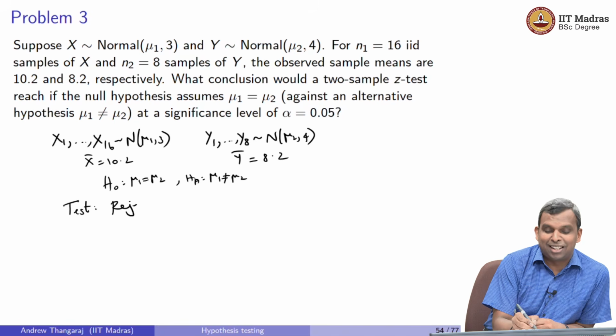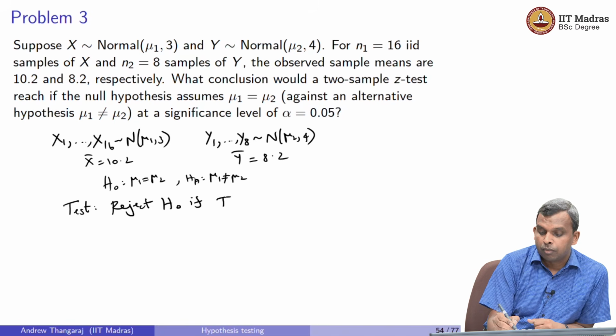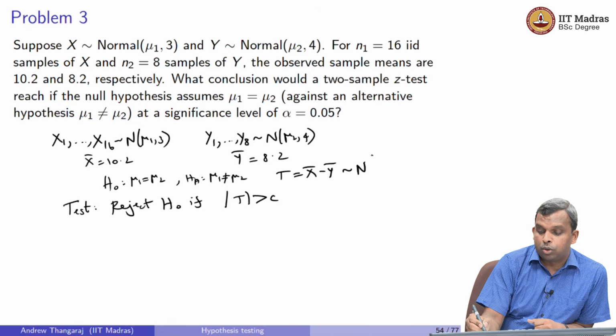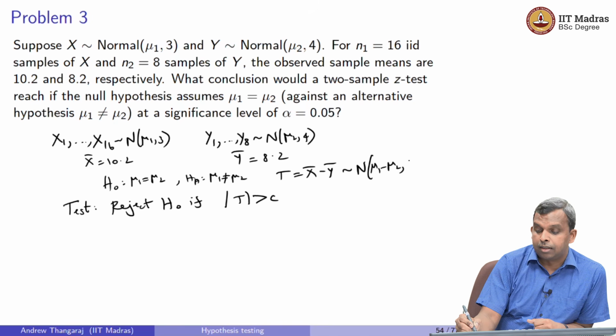So you reject h naught if mod t is greater than c, right? So now t is x bar minus y bar, and we know this is normal with mean mu1 minus mu2 and variance sigma 1 squared by n1 plus sigma 2 squared by n2.